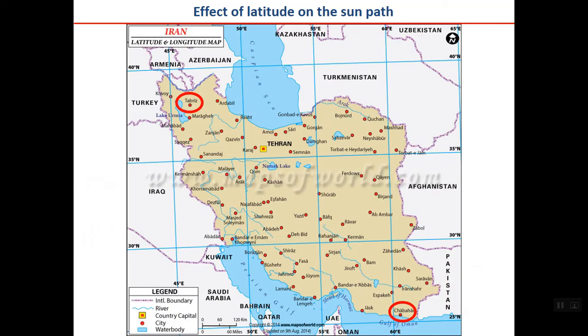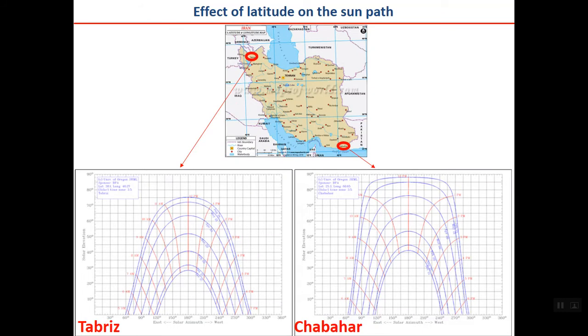For example, I consider two cities here, Tabriz in the north of Iran and Chabahar in the south of Iran, which have different latitudes. The difference in longitude is not important in the conclusion which I am going to draw. I just want to show you the effect of latitude. If you draw the two curves for different latitudes, you can see how they are different.